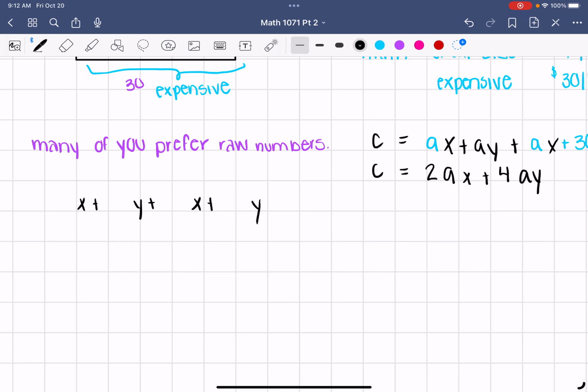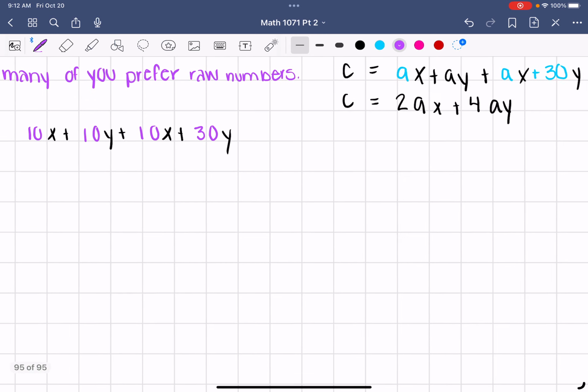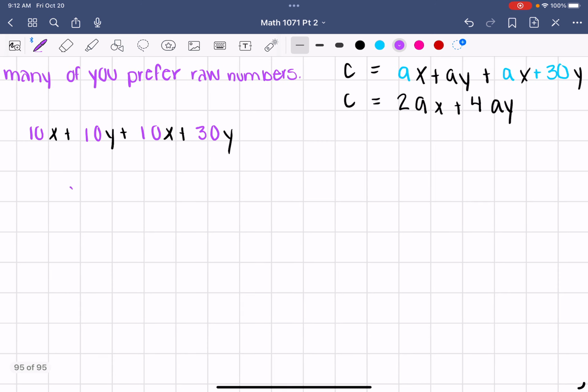But here your expensive is $30 a foot. Do you see what I'm saying? It makes no difference. If you want to call the cheap side A, if you want to call the cheap side 10, it doesn't matter, as long as the expensive is 3 times greater. So all in all, you come down to a cost function of 10, that's 20x, and 10 and 30 is 40y. Okay?